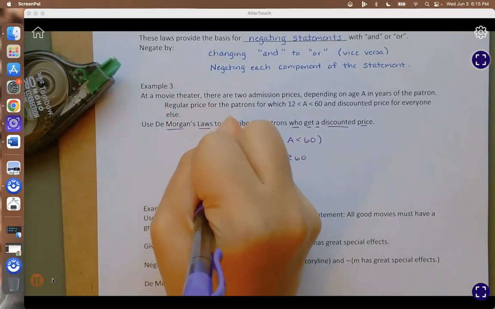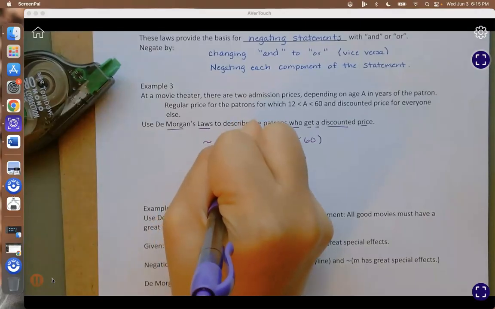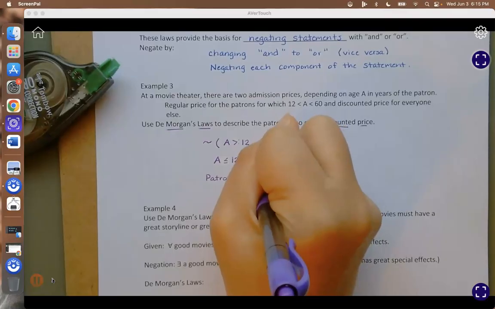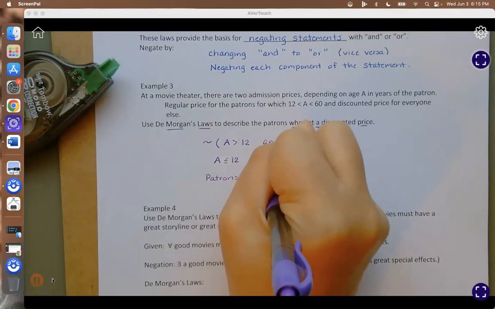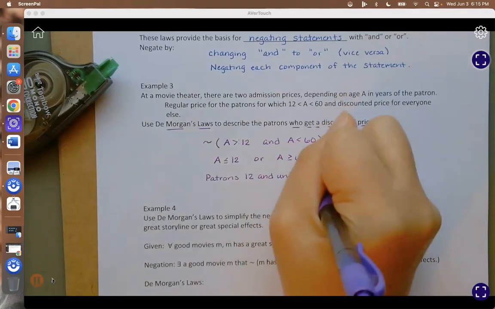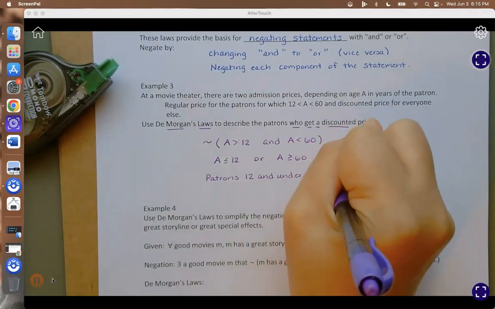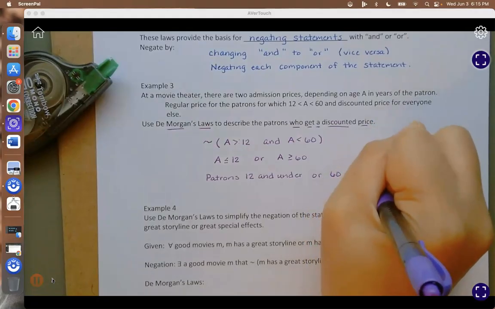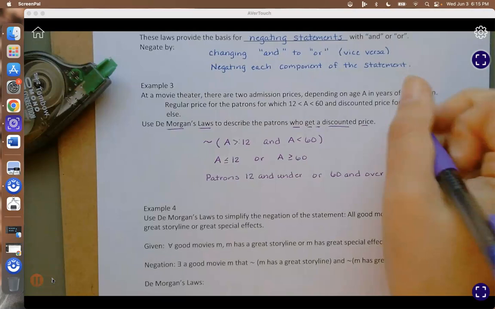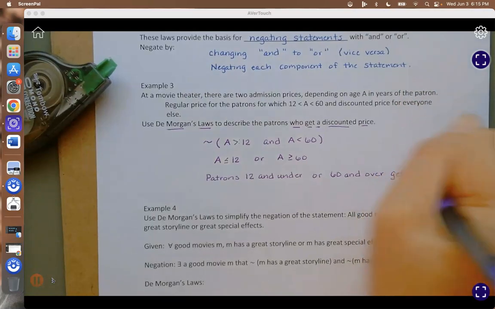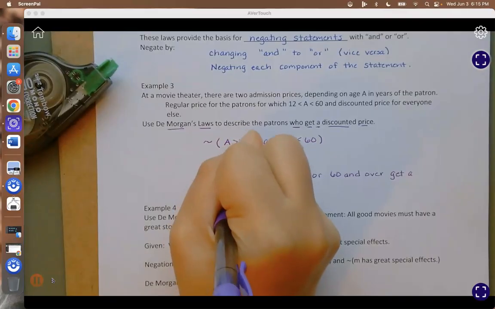So patrons 12 and under or 60 and over get a discount. Sorry about the mistake on that, guys.